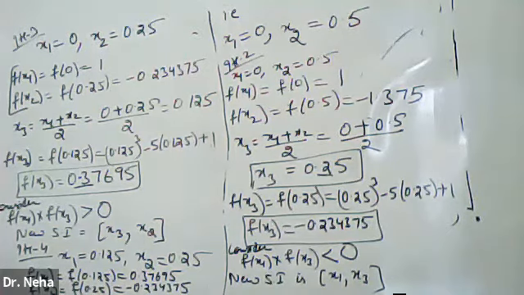I'm not able to understand what you are saying in iteration number 4. Yes, ma'am. In iteration number 4, x1 is different from x3. Why? X1 is different from X3.